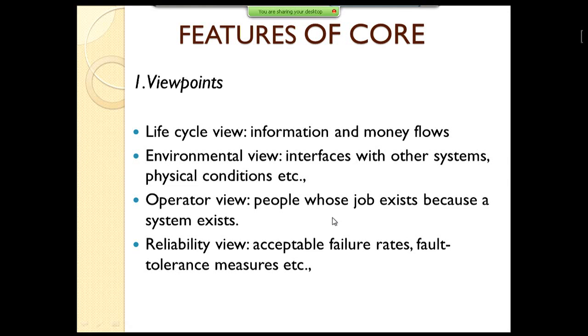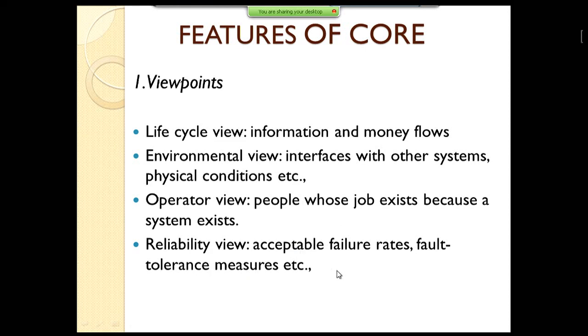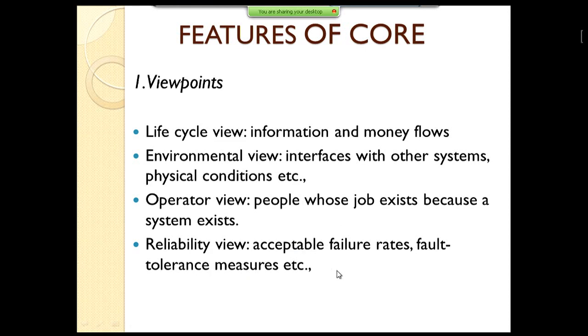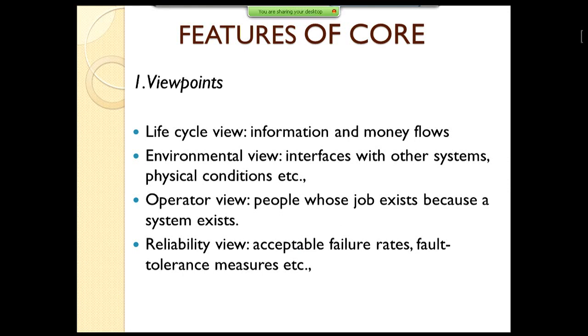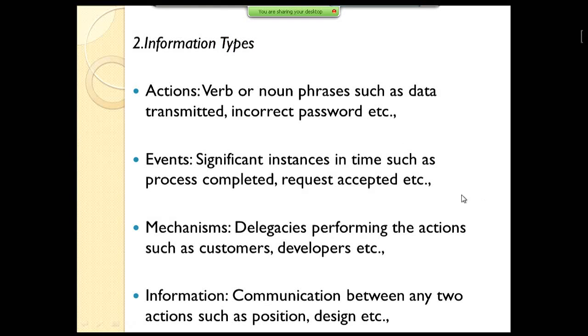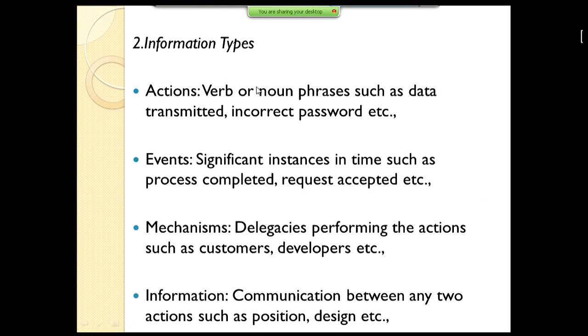Operator view is the viewpoint of the people whose job exists only because there is a system. And the reliability view includes the viewpoint of the people who consider the acceptable failure rates as well as fault tolerance measures, etc. The second feature is the information types. These are 4 types: actions, events, mechanisms, and information.